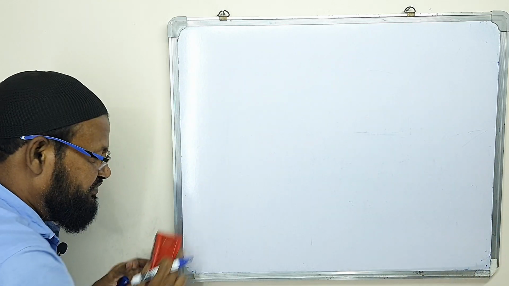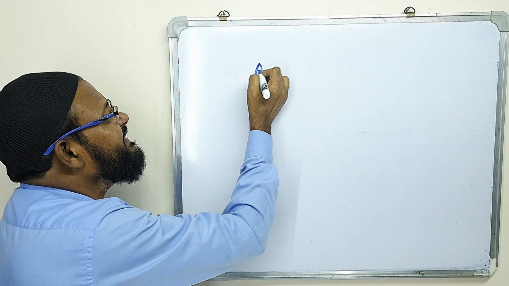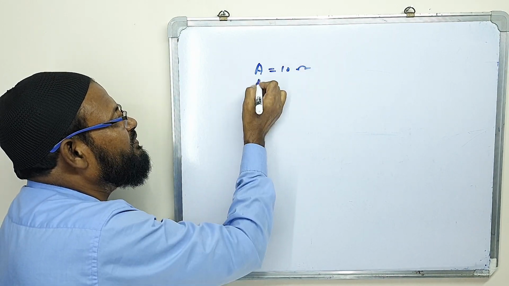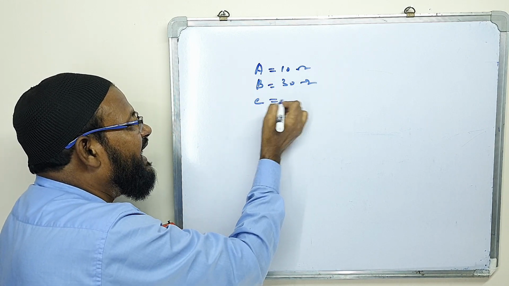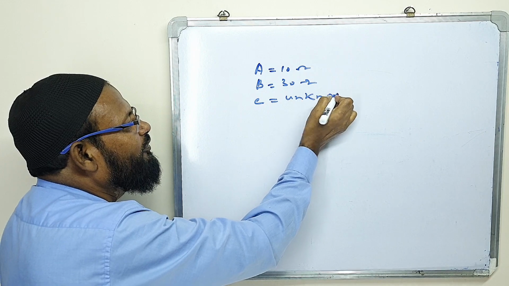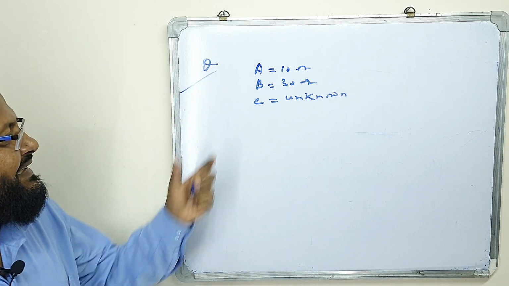Now I am discussing one question. Be careful. Suppose I am giving 3 resistances: A equal to 10 ohm, B equal to 30 ohm, and C unknown. Be careful, this is the question.